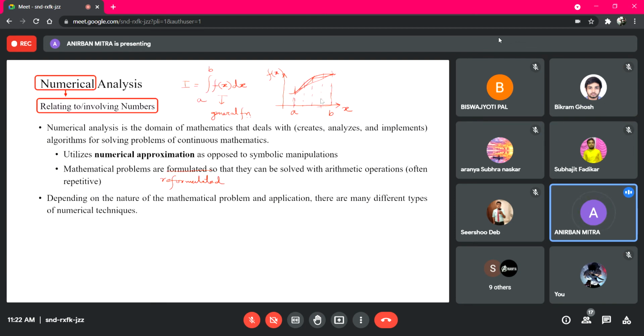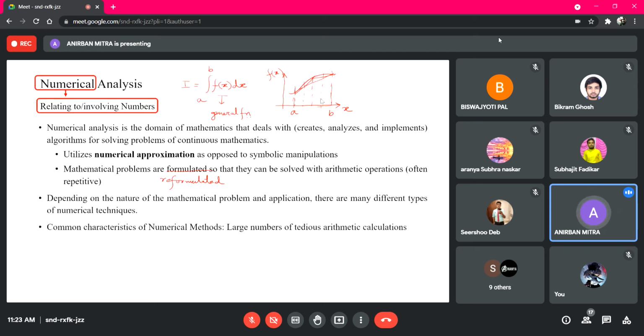And it is, of course, very easy to understand that there would be many different types of numerical techniques to cater to these different types of problems. But one thing remains the same. And what is that?